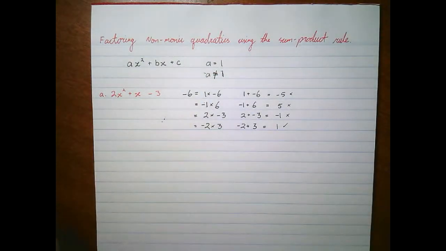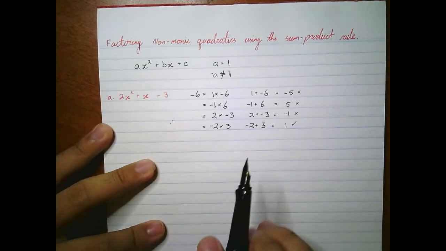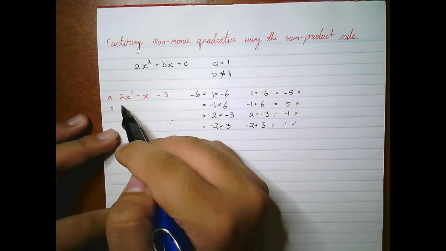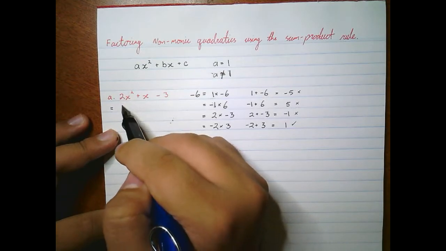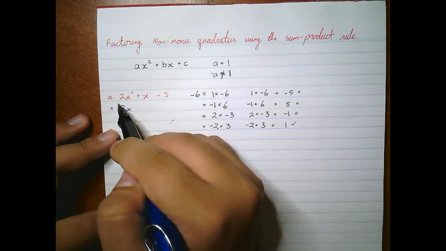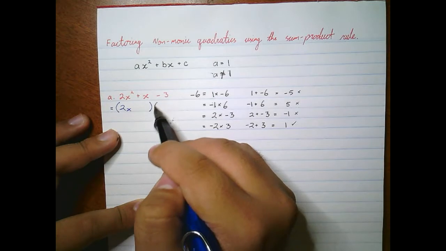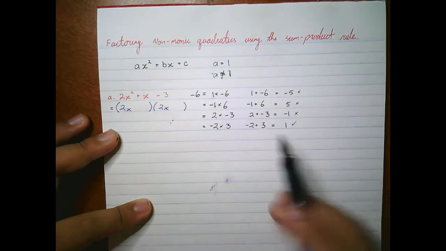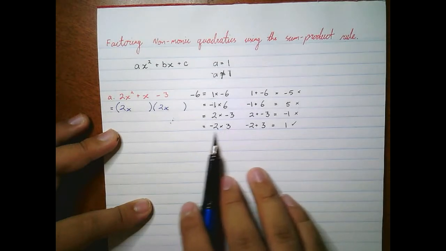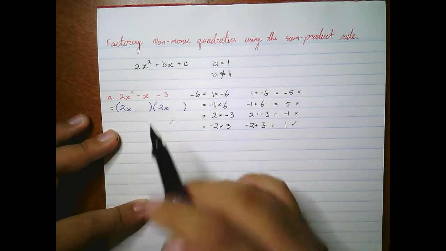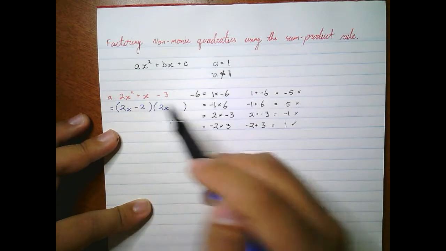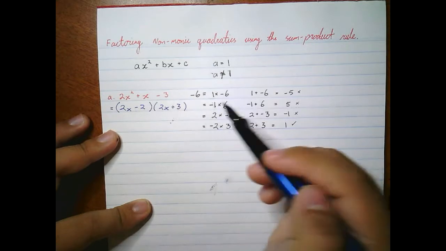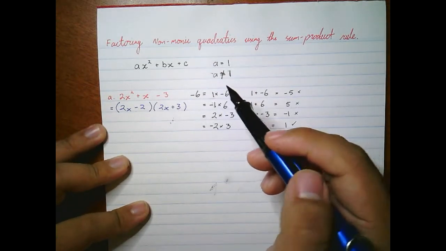Now how we go about doing this is, sure, we factorize it like we normally do, but this time, see how it's 2x? It's going to be 2x, and another 2x. And then whatever these numbers are, we're going to place them in here: -2 and +3. But now, here's where it gets really interesting.